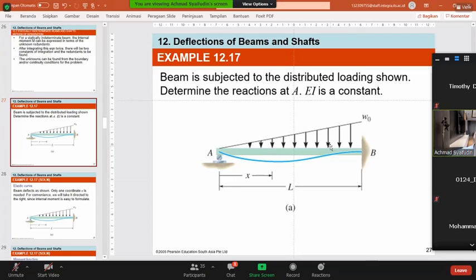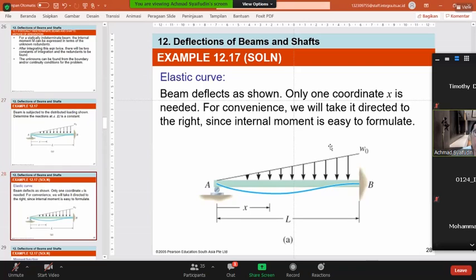So how can we solve this problem? In this case, we use the double integration, so all formulation is based on double integration. One coordinate x is needed. We take it directly to the right since the internal moment is easy to form.